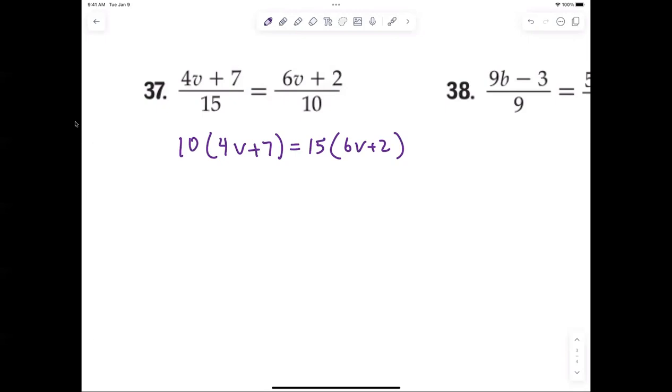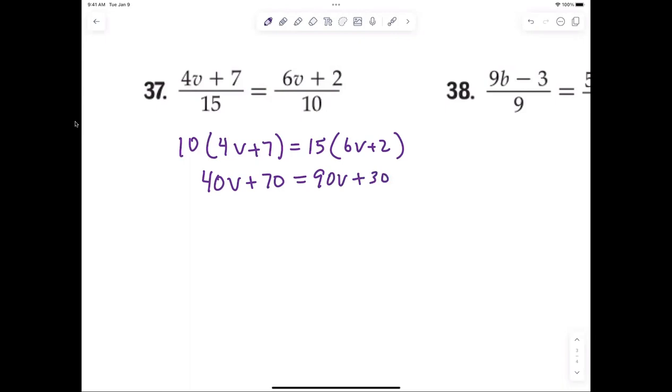Yes, because 15 doesn't divide by 10 evenly. So just go ahead and distribute. If I distribute the 10, it becomes 40v plus 70 equals 15 times 6, 90v plus 30.